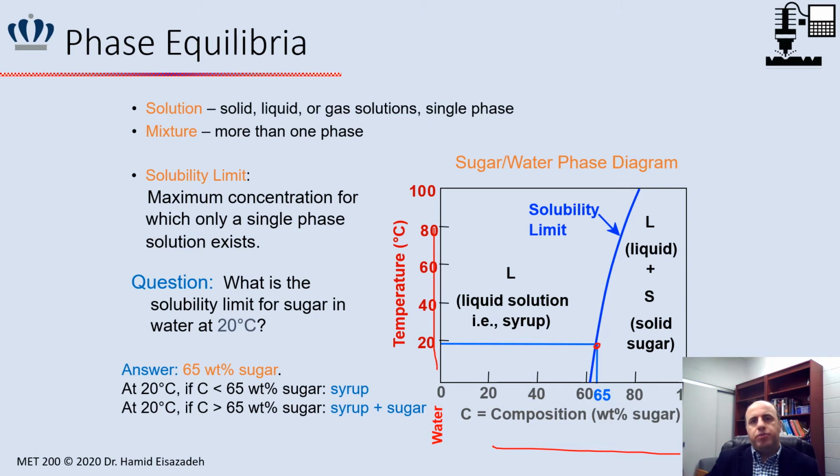But up to 100 degrees Celsius, which is the vapor temperature, we have this much solubility. I want you to pay attention to this part. What are the phases that are available at this temperature, 20 degrees Celsius and 65%?